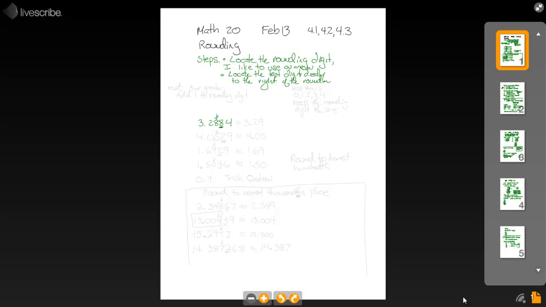And then they put, if the test digit is 5 or greater, round up. And what that means is the more important thing. If it's 5 or greater, round up means that we add 1 to the rounding digit.